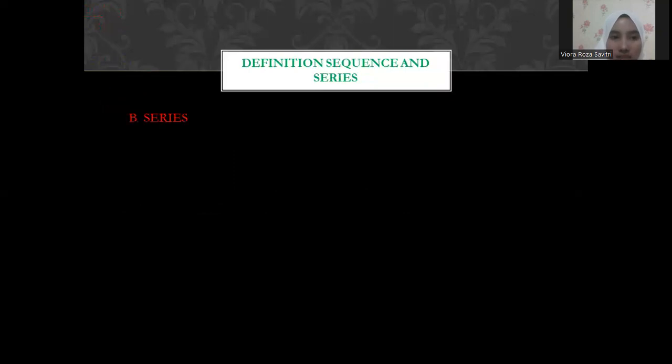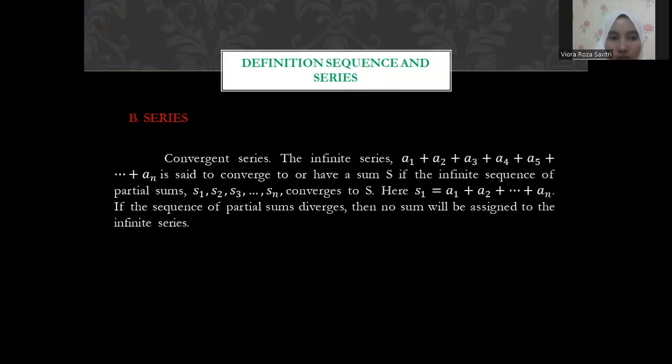B. Series. Convergent series: the infinite series a1 plus a2 plus a3 plus a4 plus a5 plus ... plus an is said to converge to, or have a sum S, if the infinite sequence of partial sums S1, S2, S3, ..., Sn converges to S. Here Sn is equal to a1 plus a2 plus ... plus an.